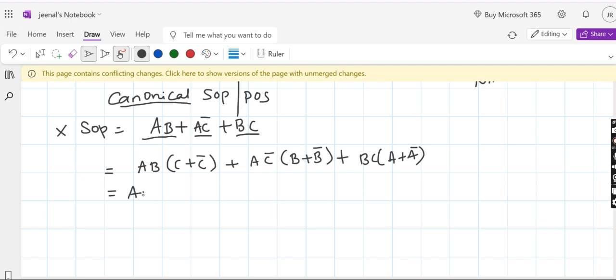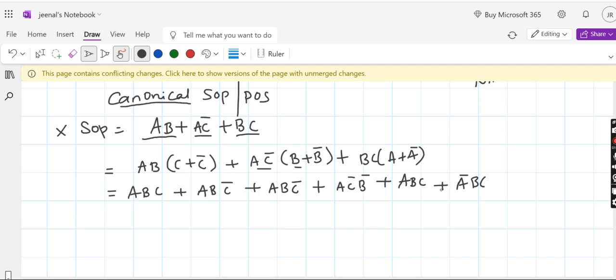Let's open the bracket. We have ABC plus ABC bar plus ABC bar from this multiplication plus AC bar B bar plus this ABC plus A bar BC. Preferably, you should always write in a sequential form.